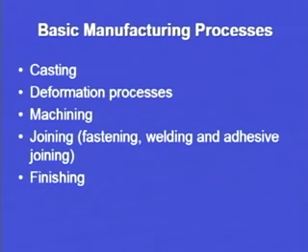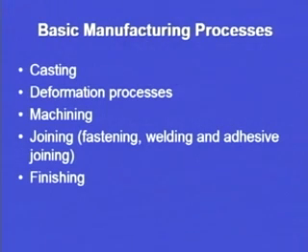In joining we include fastening, welding and adhesive joining. Then we come on to the finishing operations. Now, all these processes are used to convert a raw material into a final product. We have certain raw material, the material can be cast iron, it can be steel, or it can be any other form, it can be plastic, it can be any kind of wood. So, any raw material is converted into the final product using any of these basic processes.